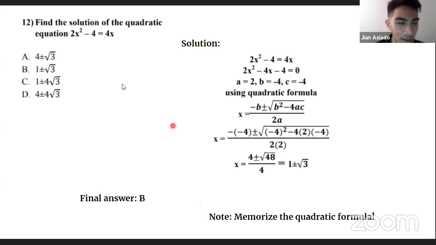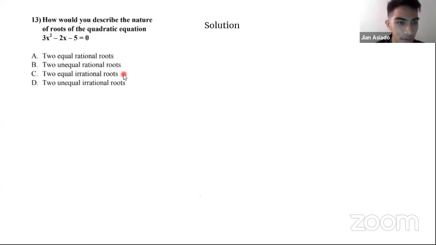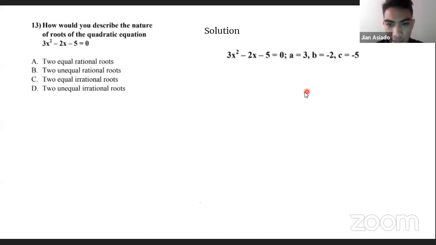And then, how would you describe the nature of the roots of the quadratic equation? Yung questions, kung papansin natin, rational and irrational. So ano kaya yung ibig sabihin nun?